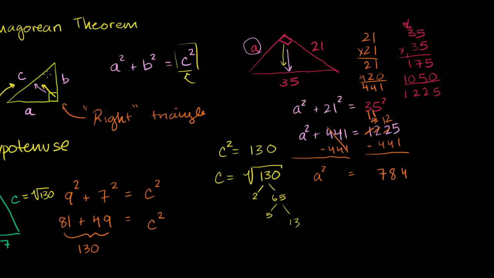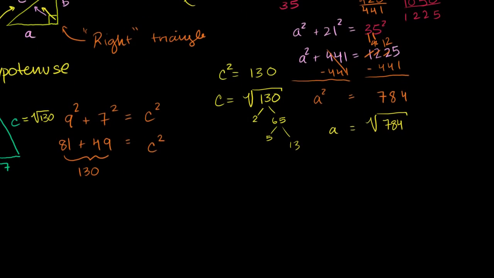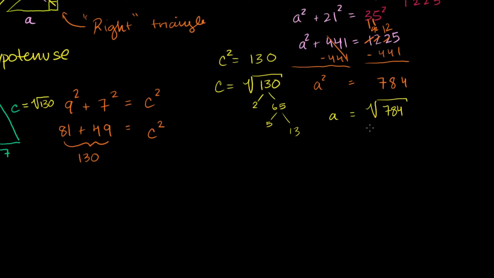And we could write then that a is equal to the square root of 784. And once again, I'm very tempted to use a calculator, but let's not use it. So this is 2 times what? 392.